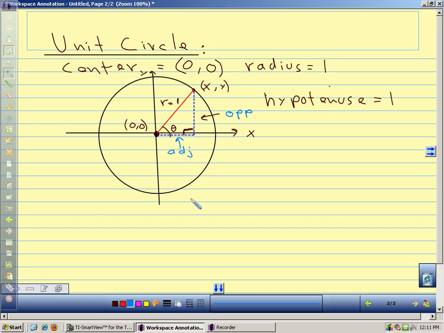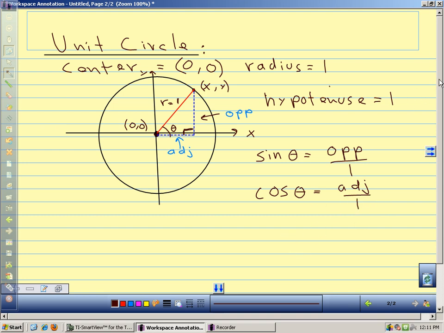So let's write the sine and the cosine of our angle here. So the sine of theta equals the opposite over the hypotenuse, or just the opposite. The hypotenuse is always 1. And the cosine of theta is the adjacent over the hypotenuse, or the adjacent over 1.